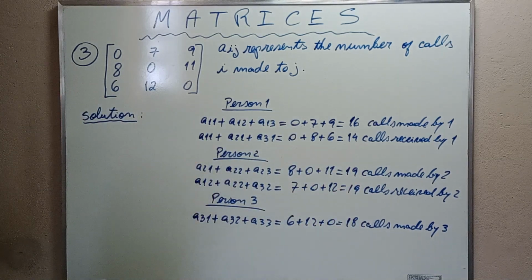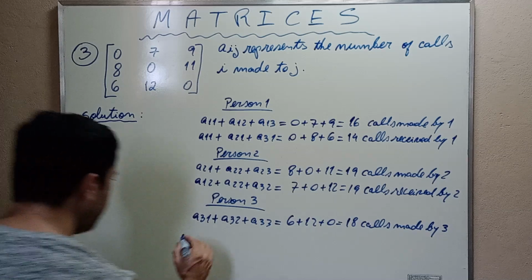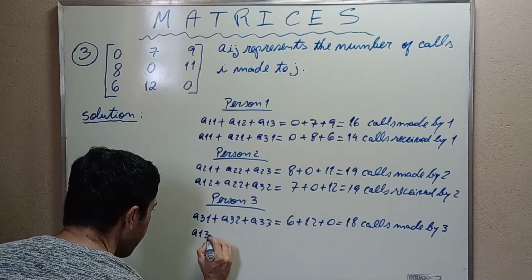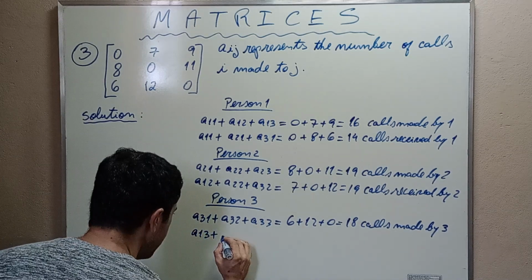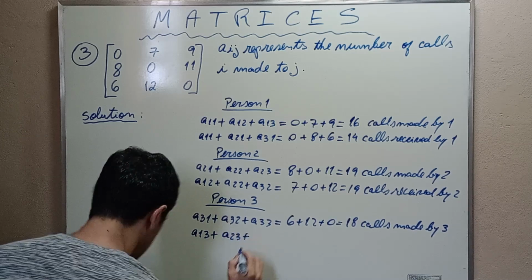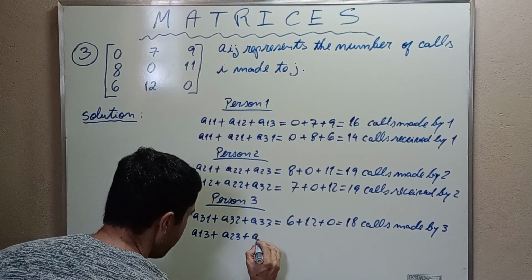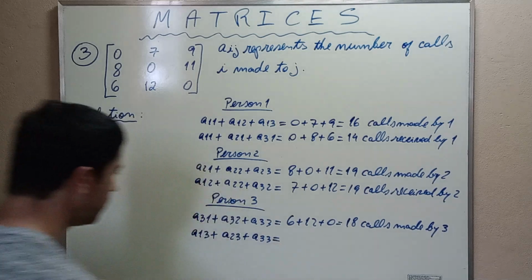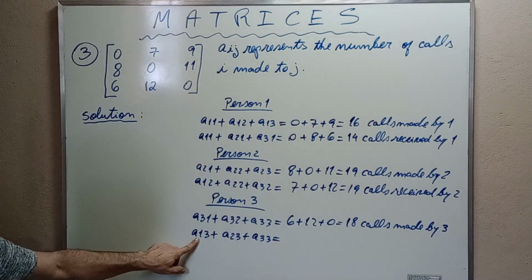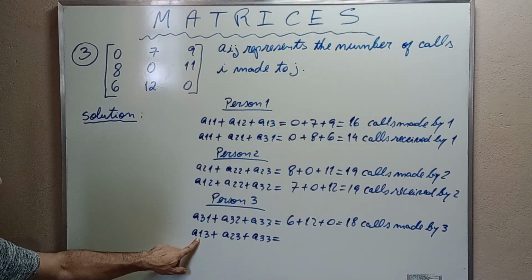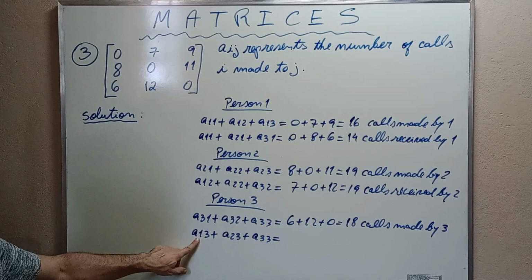And to finish, we calculate the number of phone calls received by 3. A13 plus A23 plus A33. A13 represents the number of phone calls made by 1 and received by 3.